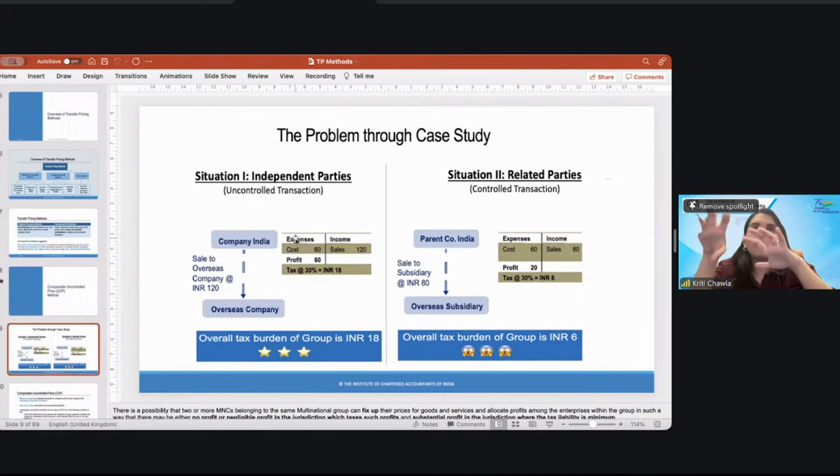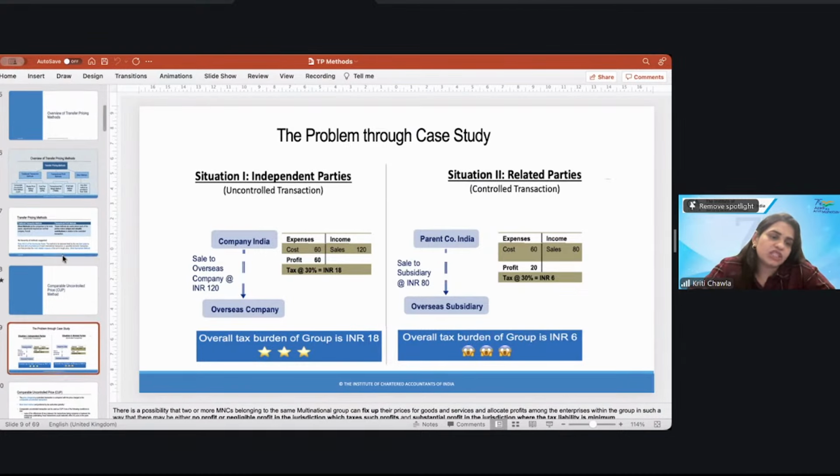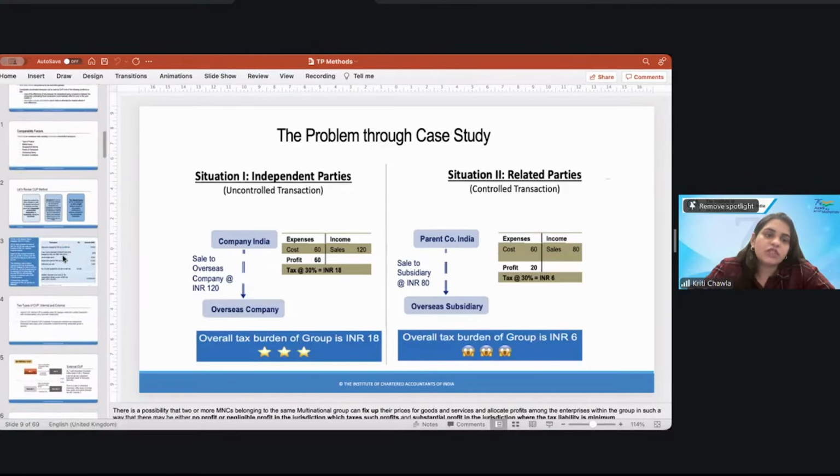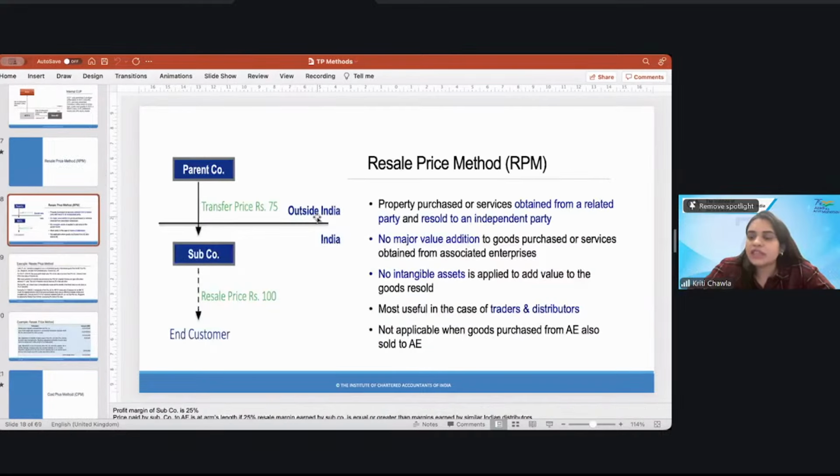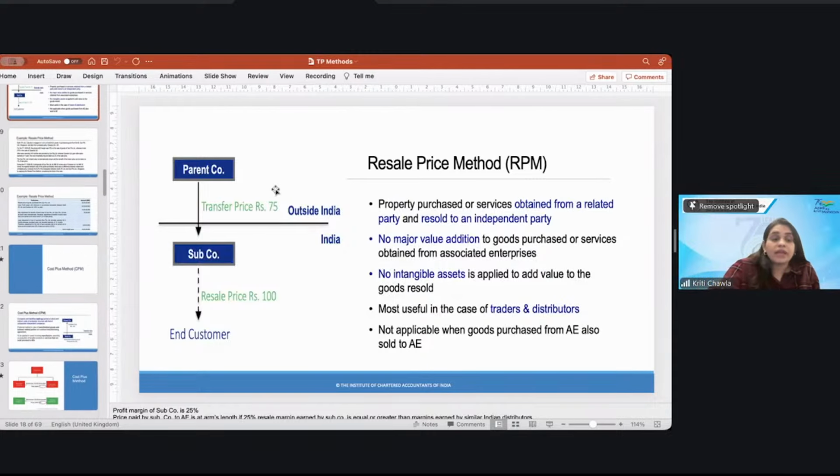The comparable companies are sometimes referred to as comparables. When we moved to the resale price method, I said that you have to look at comparable companies so as to justify the profit margin at the subsidiary company level. I said that you have to look for comparables here.